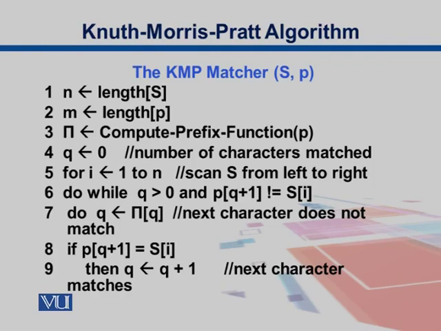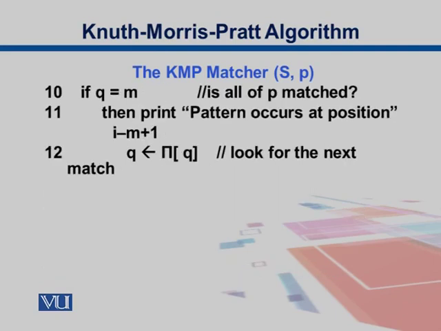If these two characters, p of q plus 1 and s of i, match, then we update q by 1. So in this way, in q, we keep track of the number of matched characters, and in case they mismatch, it gets initialized again to 0. If q reaches m, where we found that we have matched all the characters within the pattern, then we print the pattern's position.